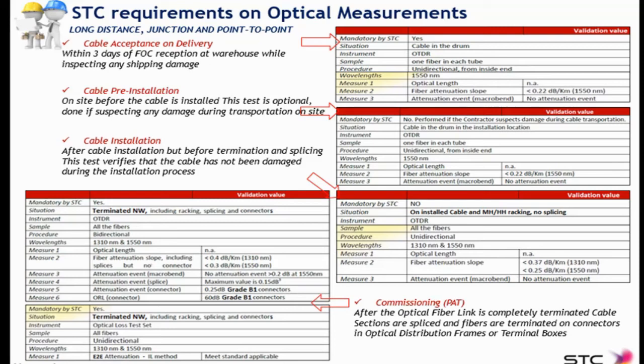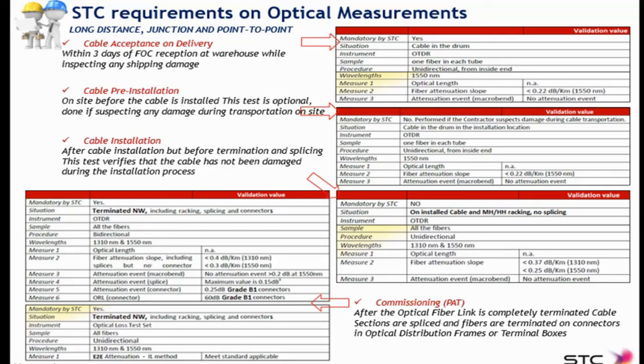This test is still unidirectional, but is performed on all fibers and at 1310 and 1550. Then we have a little bit of extra margin because the installation may have affected the fiber performance with macrobends. So the fiber attenuation slope at 1310 is 0.37 dB per kilometer and at 1550 0.25 instead of 0.22.